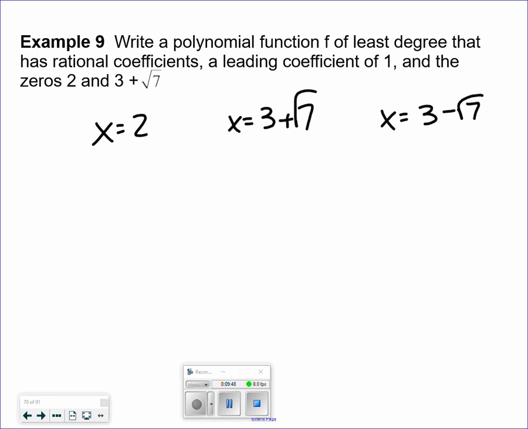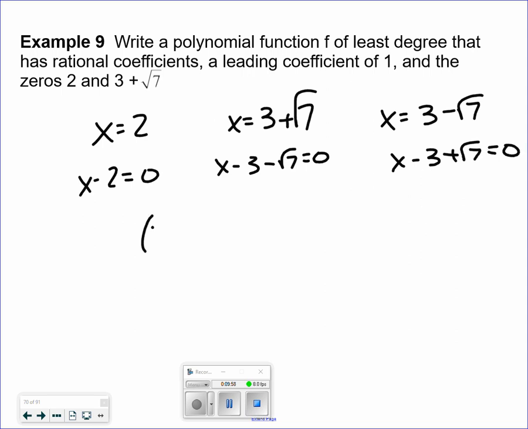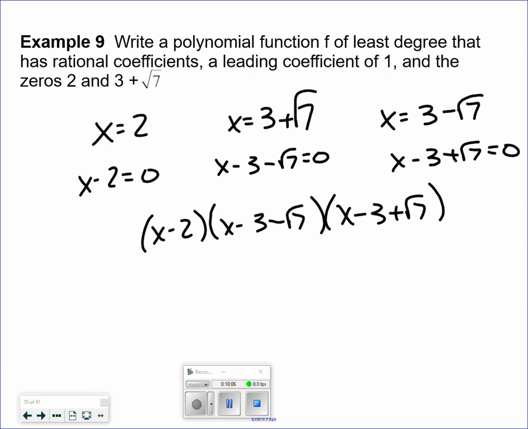Here's the answer. Make them all equal 0. These are the factors. I take the factors and FOIL them. Now, always do the irrational ones first.